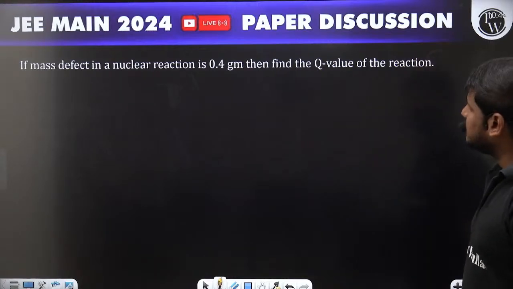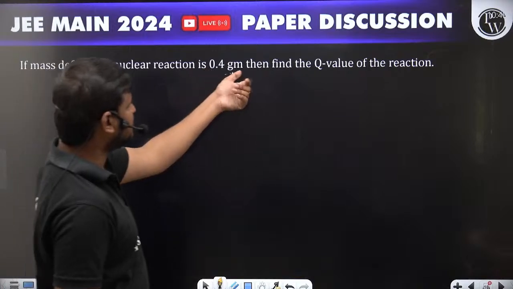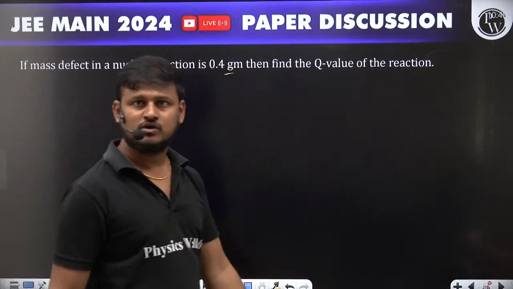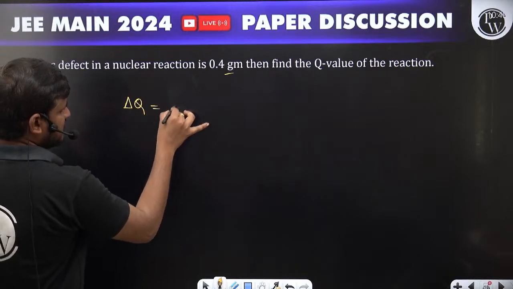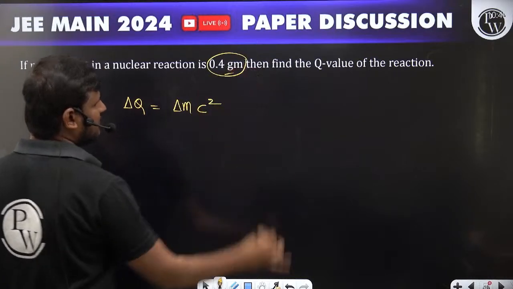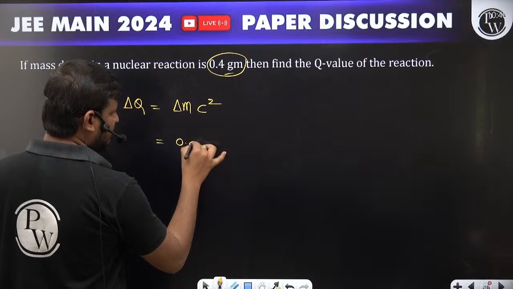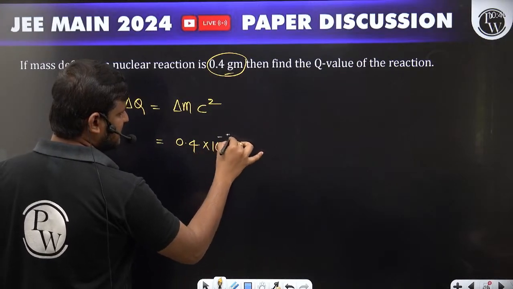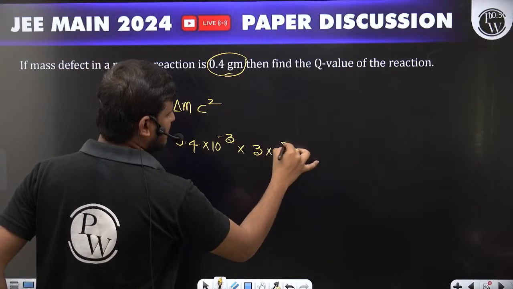So this question is from modern physics. If the mass defect in a nuclear reaction is this much, find the value of Q. You always know that delta Q is equal to delta M into C square. The mass defect is already given: 0.4 grams, which is 0.4 into 10 to the power minus 3 into, what is the C value, 3 into 10 to the power 8 whole square.